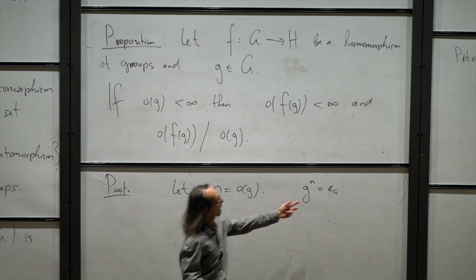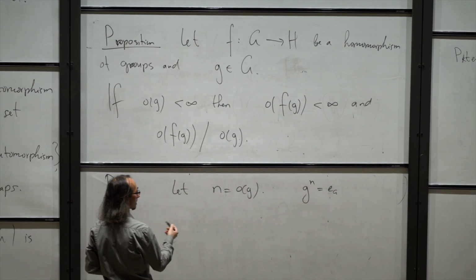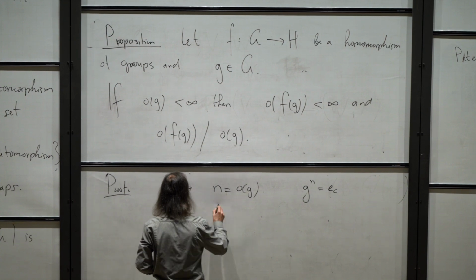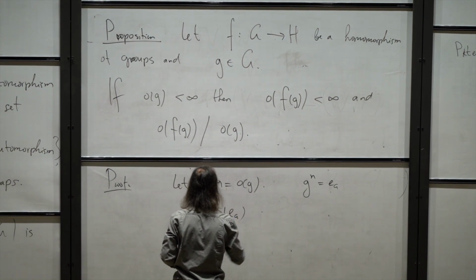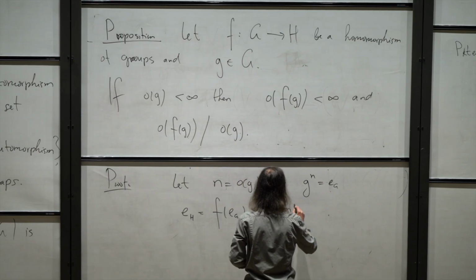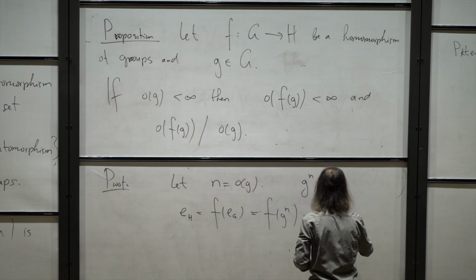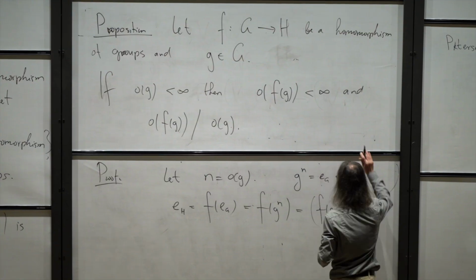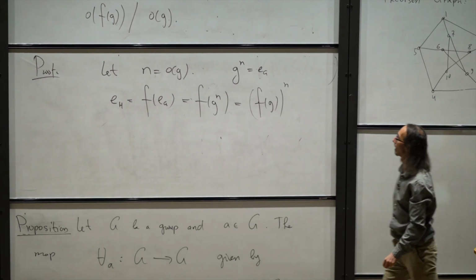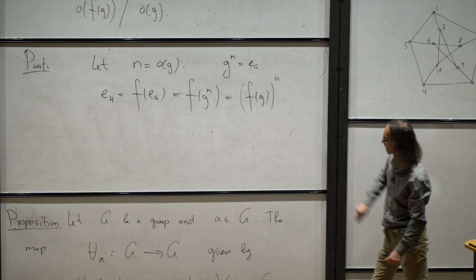But now we apply f to this equation. So I have then that the identity of H is equal to f of the identity of G. So this is f of g to the n, and that is f of g to the n by the property of homomorphisms that I left as an exercise with induction.